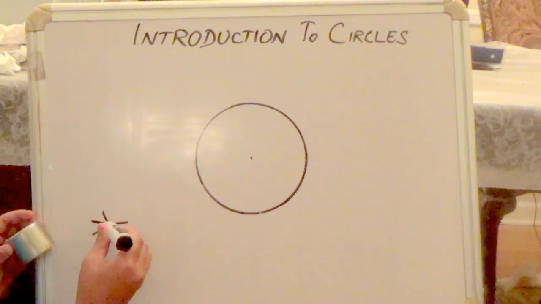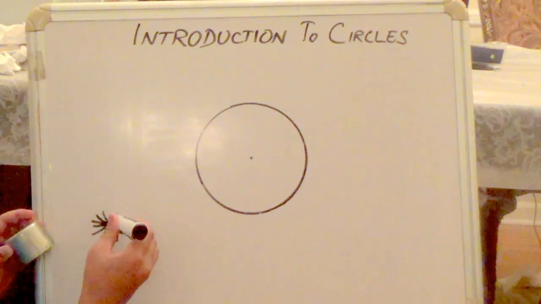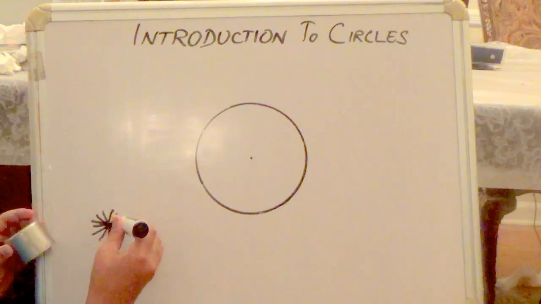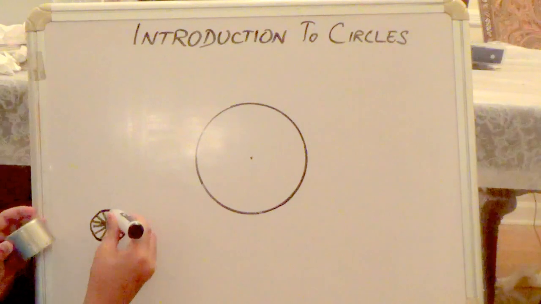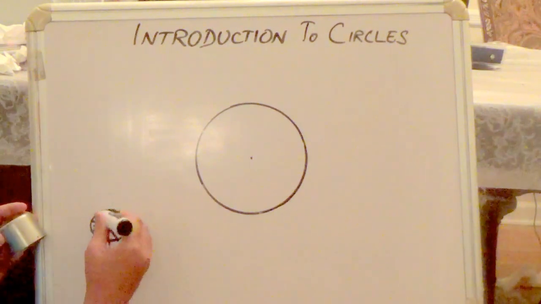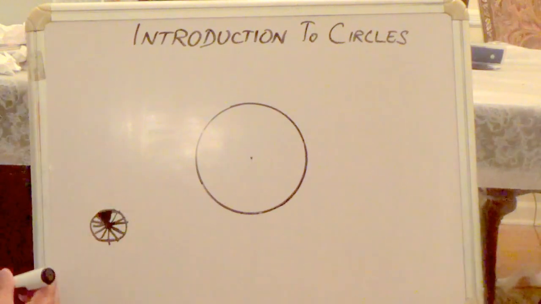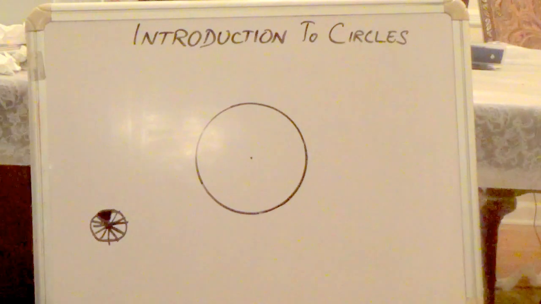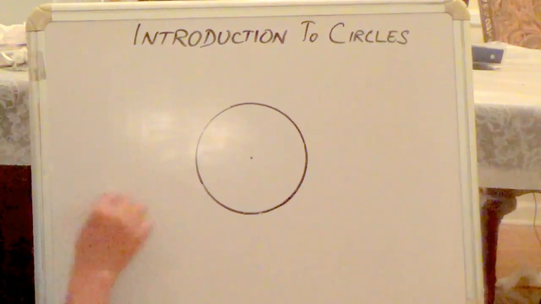If I draw all the points possible that are equidistant from a center, this isn't very accurate, but this is, then I get a circle. Oh, that includes all the points. If I do all of them, which is impossible because they're infinite, then it'll be completely dark. Okay. So that's the definition of a circle.